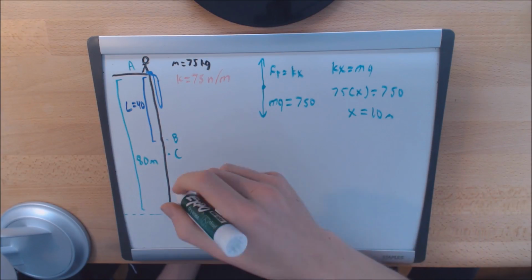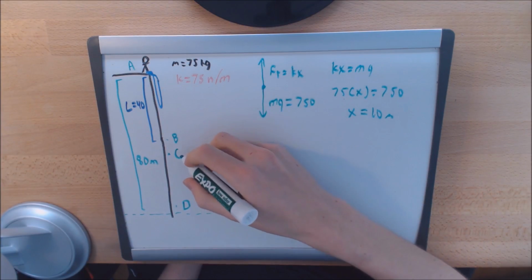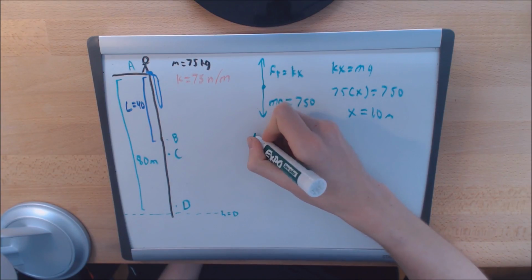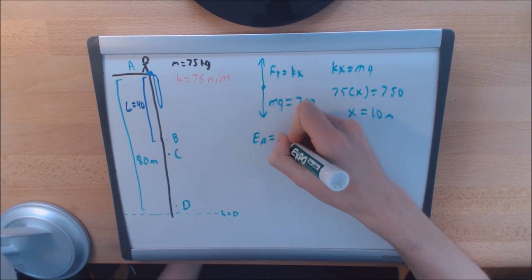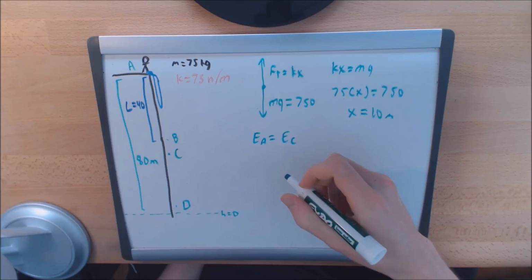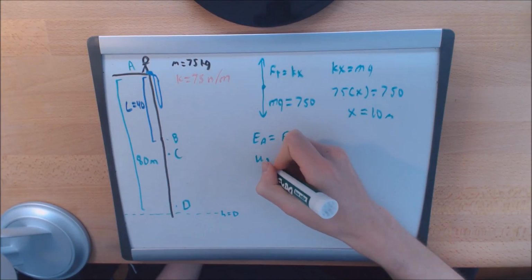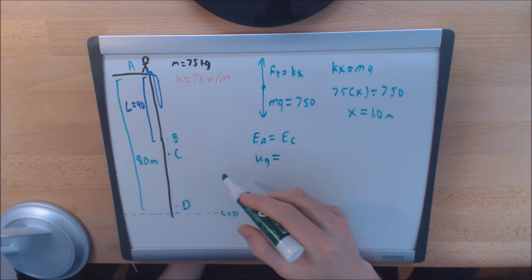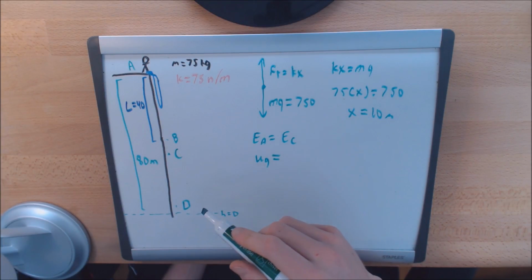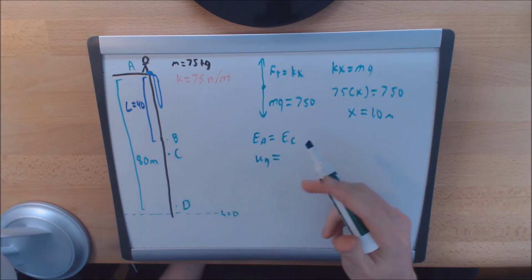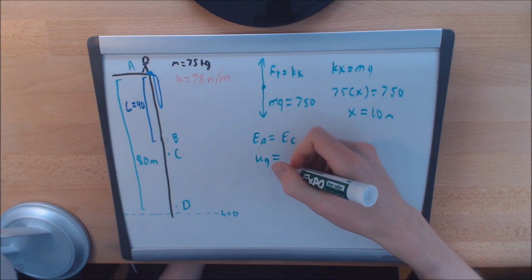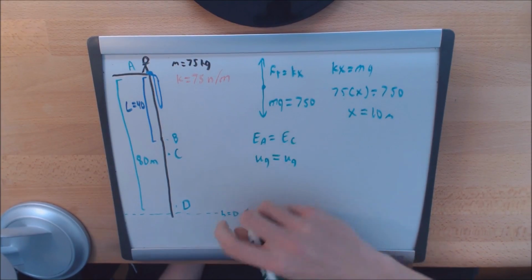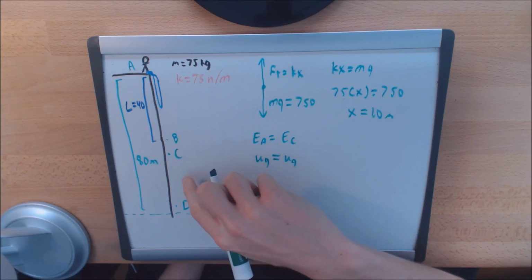Now we can use the energy concept to find his speed at C. So we can say energy at A is equal to the energy at C, right? And energy at A is all gravitational potential. And energy at C, we have three components. We have a gravitational potential, because he's not at h of 0. He's at h of 30, right?